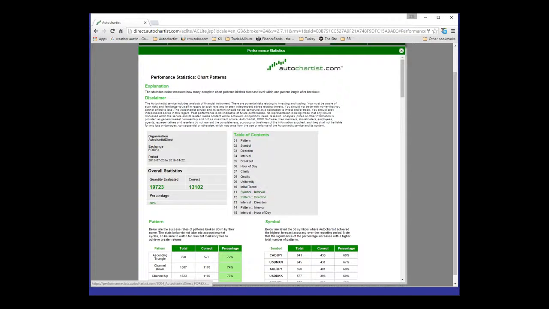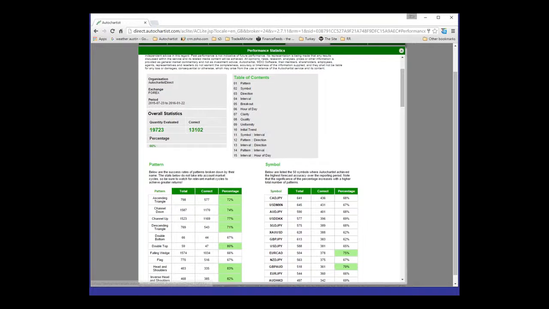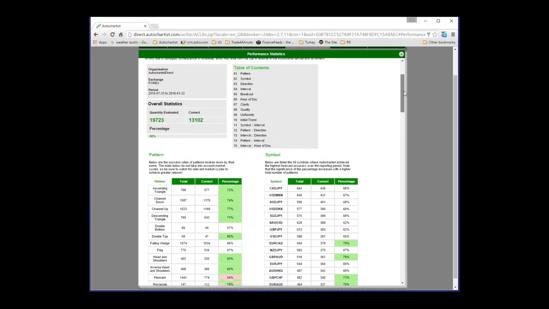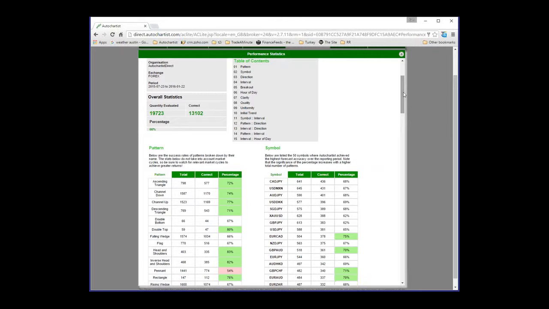Over the last 6 months, we've identified 19,000 opportunities, of which 13,000 hit their target region, 66% on average. This is not an indication of the returns you are going to make using Autochartist. This is simply an idea of how many of our forecasts hit their target region.